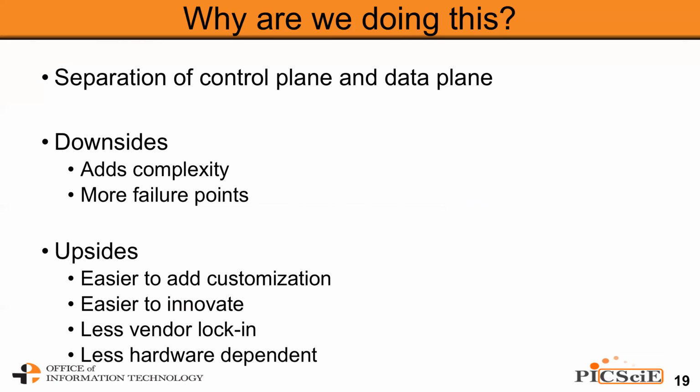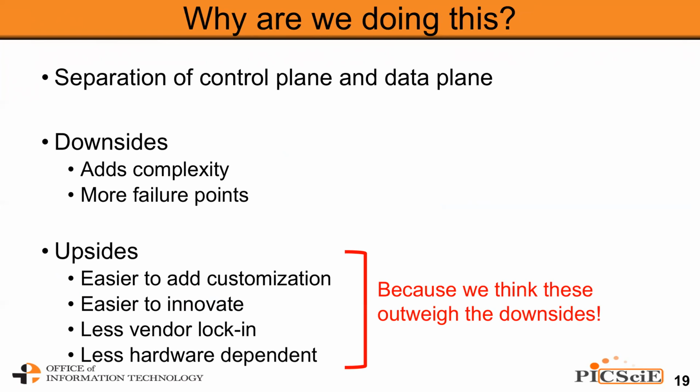But there are certainly some upsides, and just to list some of them: it's easier to add customization, it's easier to innovate, we have less vendor lock-in, and it is less hardware dependent. We do this because we think these outweigh the downsides mentioned here.